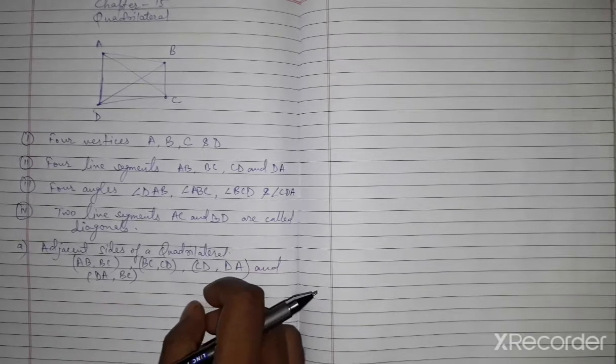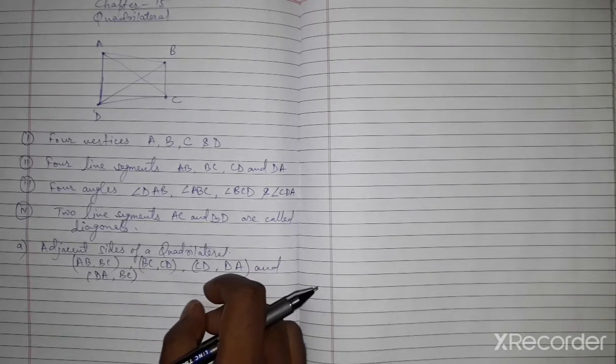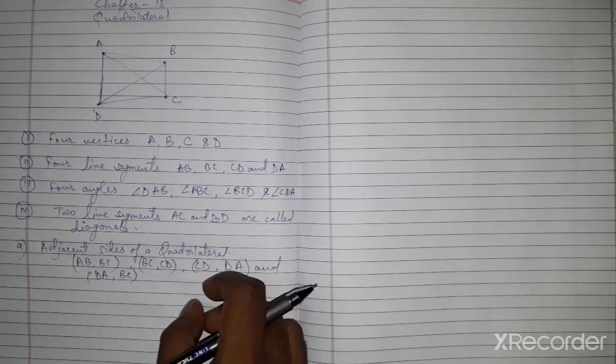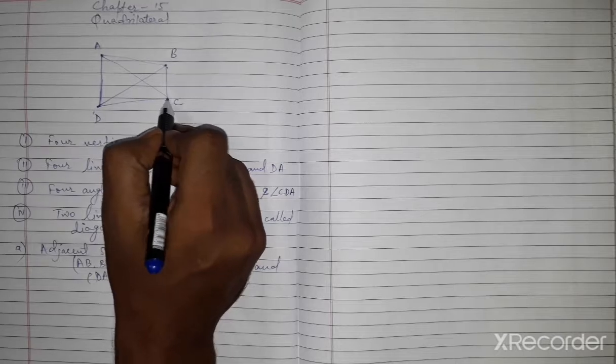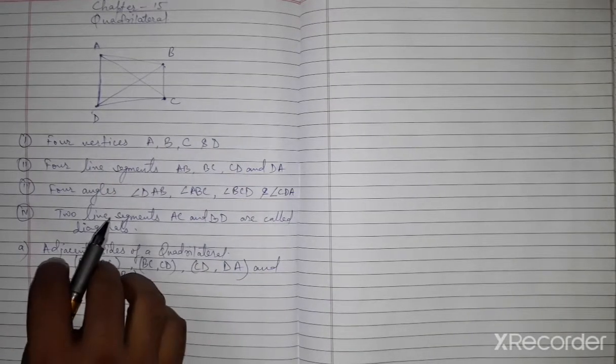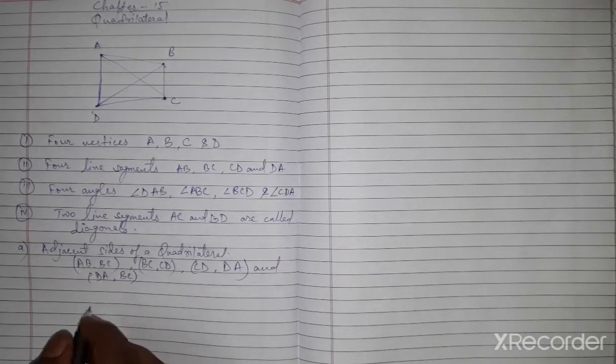It means that 2 sides of a quadrilateral which have a common end point are called adjacent sides. So I hope that you have understood.